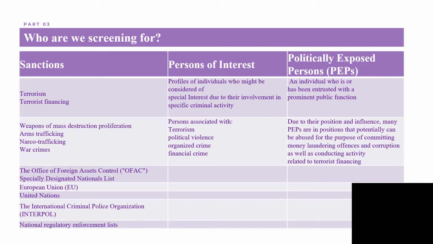The first type are the sanctions: people on sanction lists related to terrorism, terrorist financing, weapons of mass destruction proliferation, arms trafficking, narcotic trafficking, and war crimes, such as the OFAC SDN list, UN, European Union, and Interpol national regulatory enforced lists.